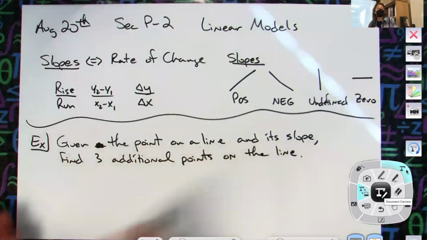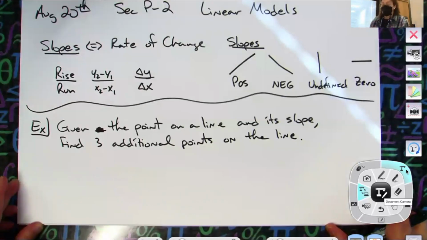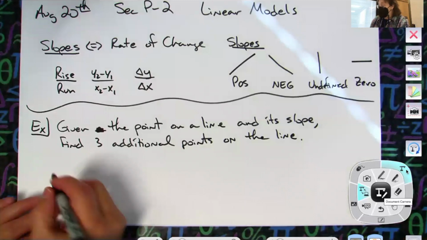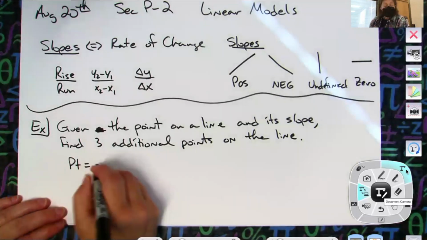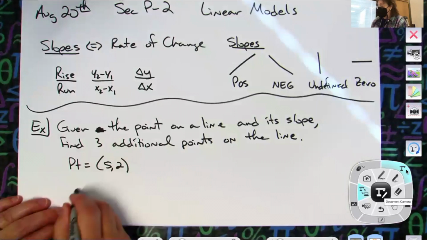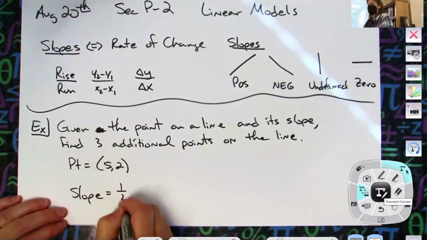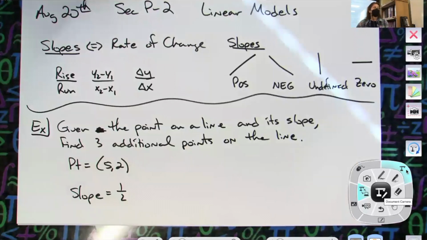So if we're given a point on the line and its slope, and that's the only thing you're given, you are not given the equation or anything. So if our point, say, is 5, 2, and our slope, say, is 1/2, can you generate 3 more points given that information?